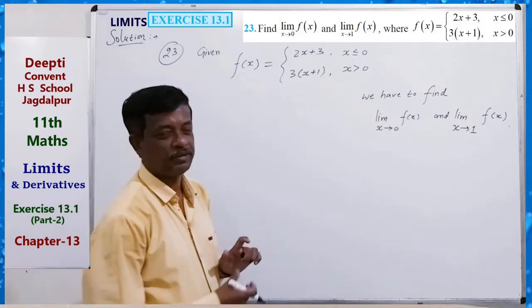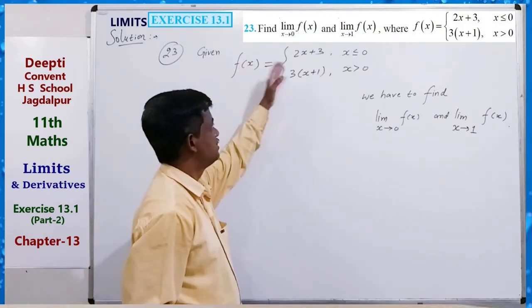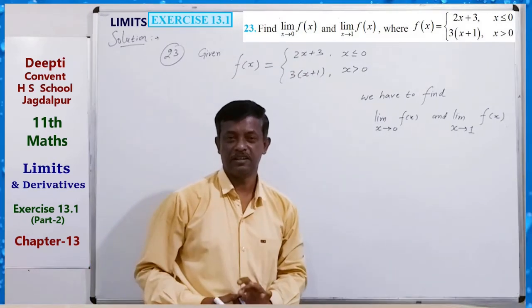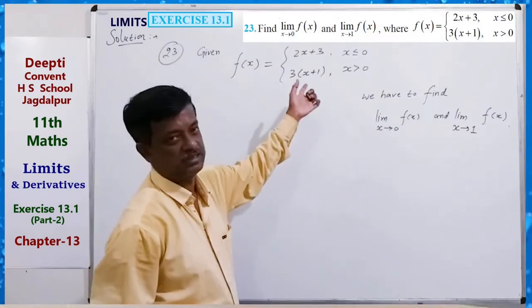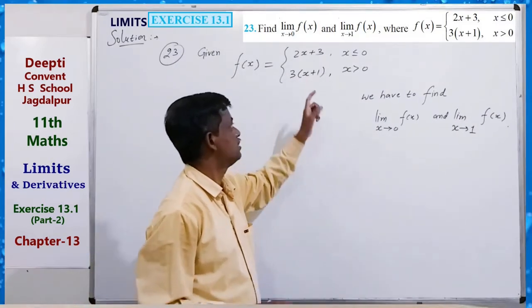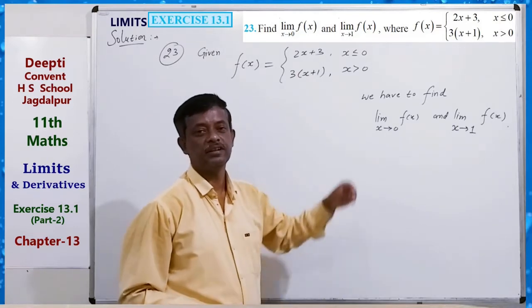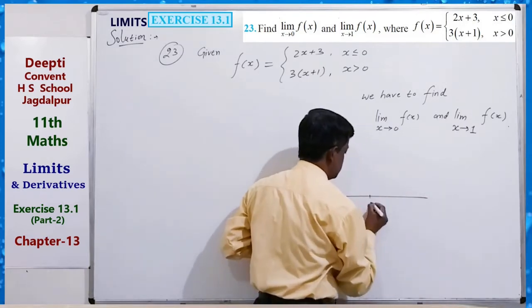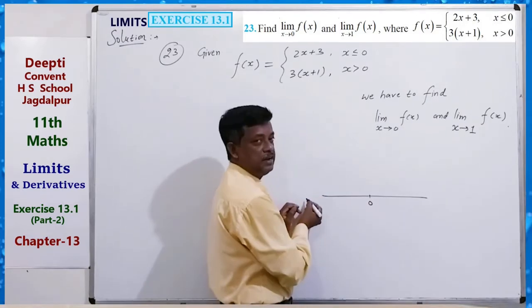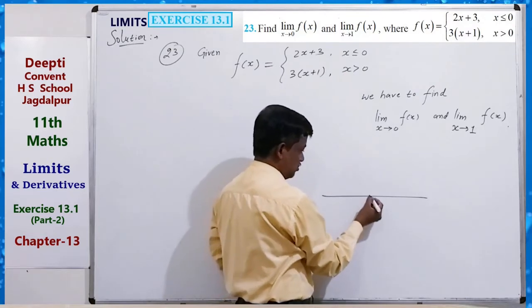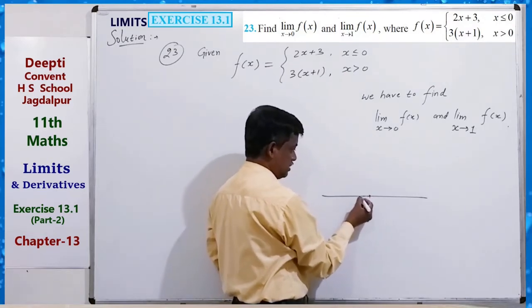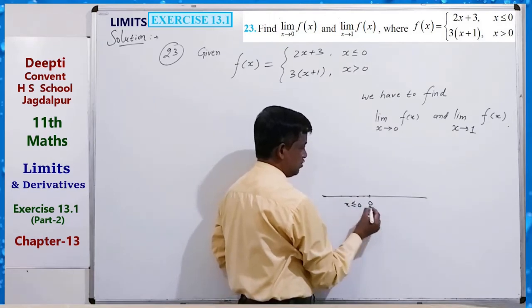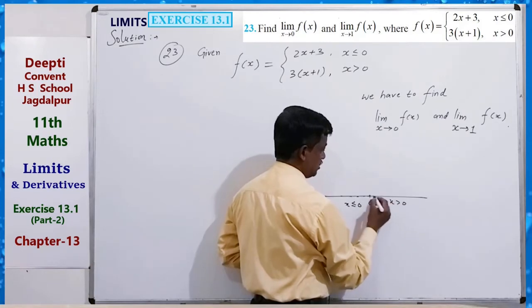Here the function is defined like this. Its domain is very clear, all the real numbers, but in two parts the value of the function is given in different form. So in two parts means what? Just like this is 0, this is the left side, x less than or equal to 0, and this side x greater than 0.